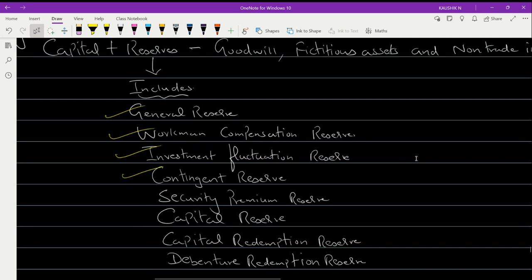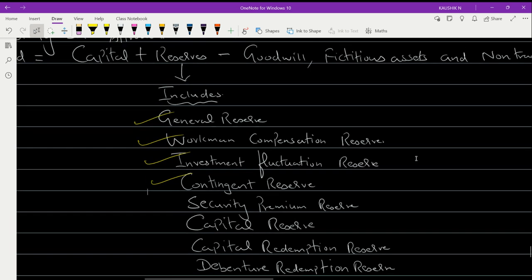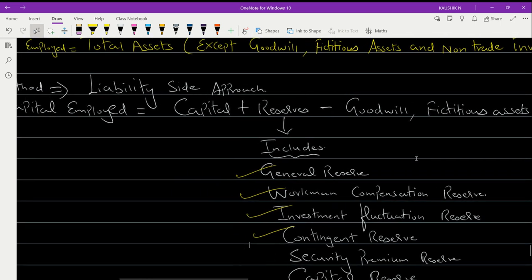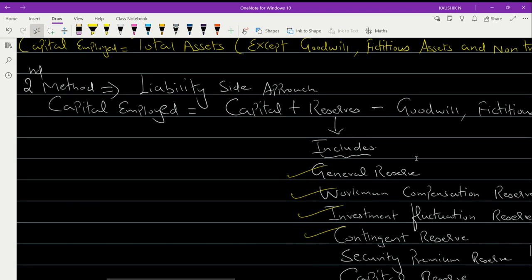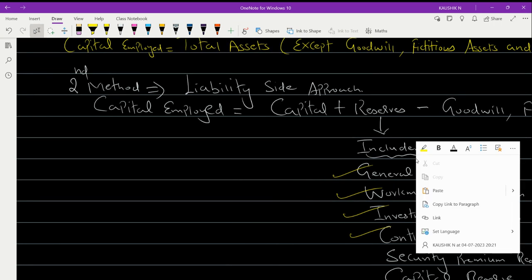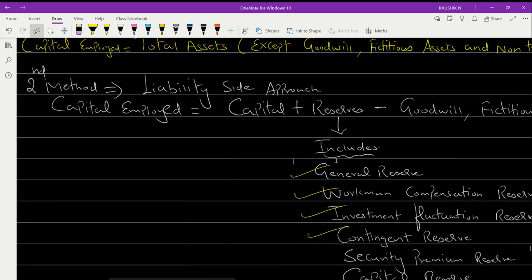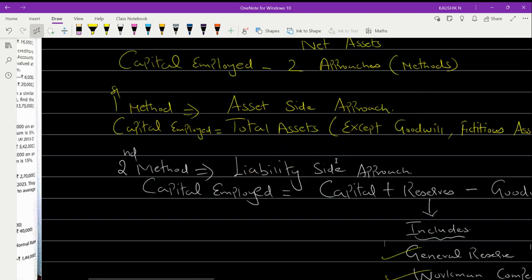But these four you make very clear. So if these values are given in the question, they will be added to the reserve value to find your capital employed. So the formula is reserves and capital minus goodwill, fictitious assets, and non-trade investment. Any doubt in this formula?